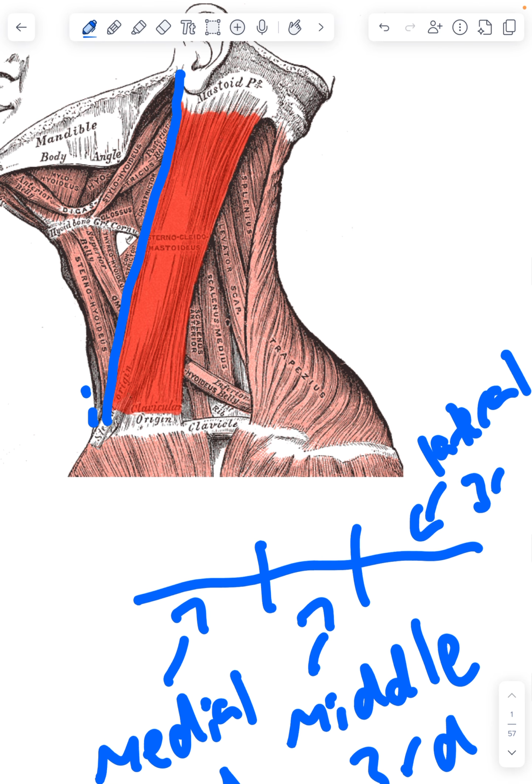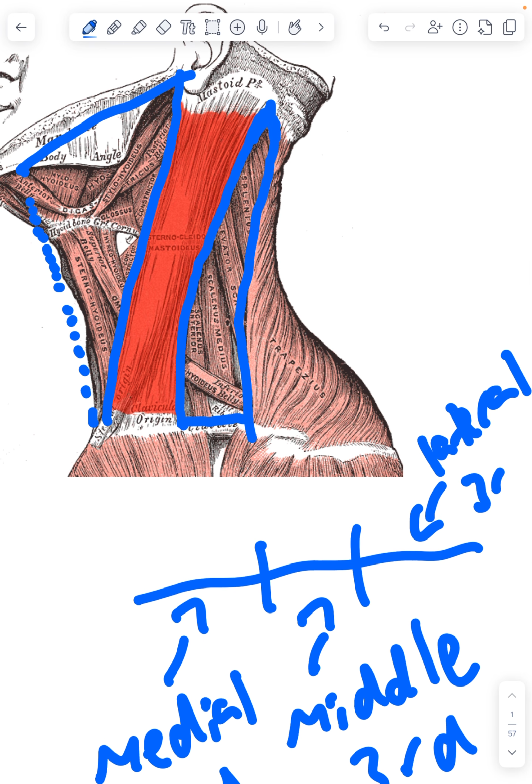If you use the midline of the neck as an imaginary line, you can make two triangles. And then the mandible would be a line here. For a posterior triangle, you have the back of the SCM, you have your clavicle, and then you have the front of the traps. So this is a triangle as well.